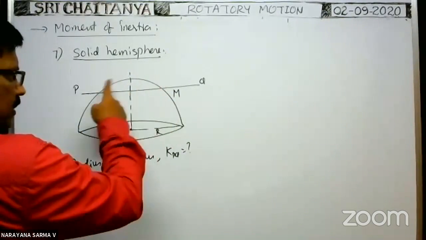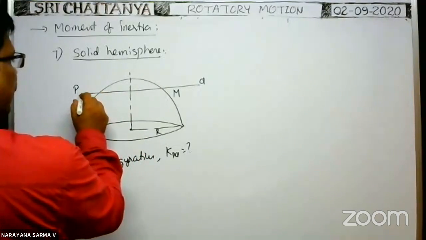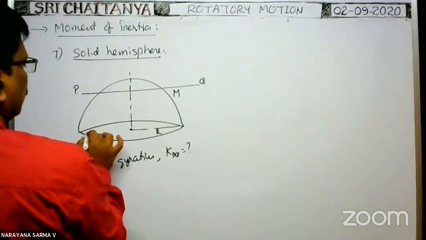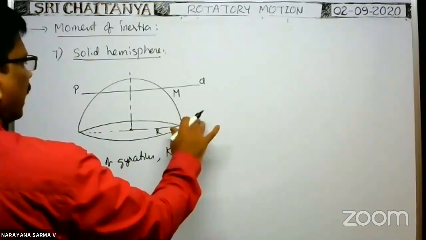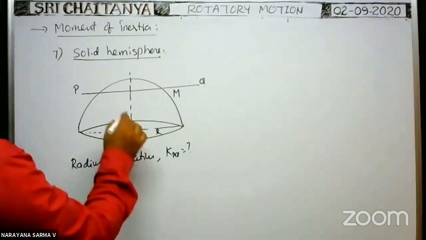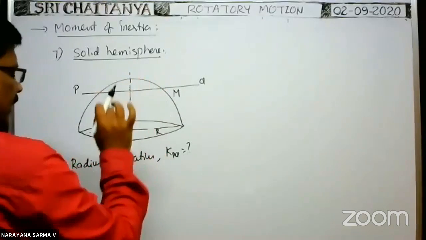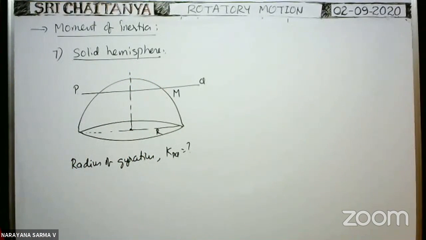About this axis, parallel to the diameter, what is the radius of gyration, they asked. To find the radius of gyration about this axis, first we have to find the moment of inertia about this axis.